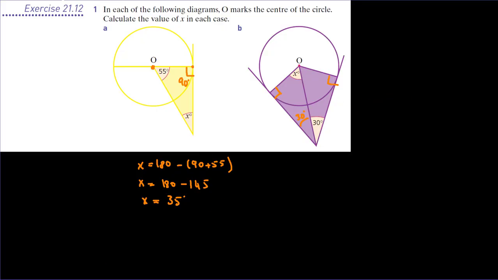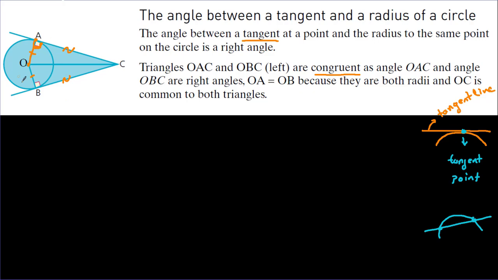If you remember from the previous page, we said that these triangles are congruent to each other, which means that opposite of the radius, if we have this angle here on the OAC triangle, this angle and this angle should be equal to each other.